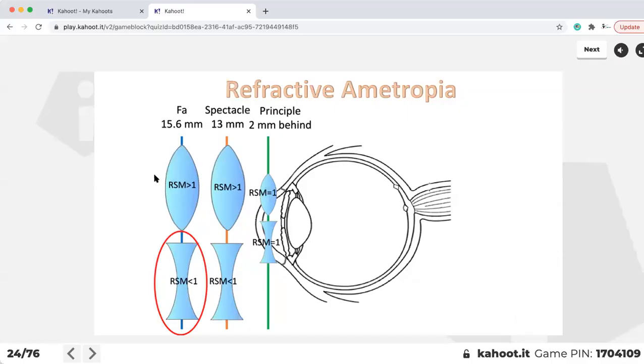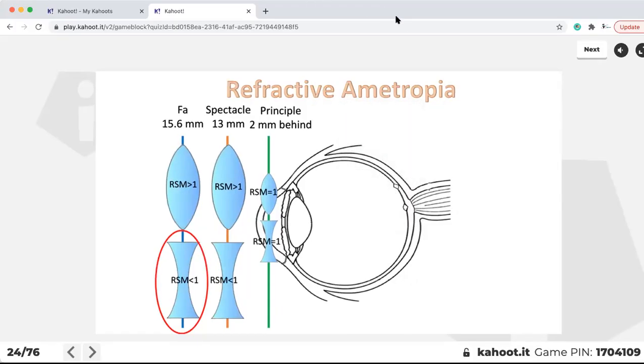If we are getting further away from the principal plane, with a plus lens for refractive hyperopia, and the correcting lens is at the spectacle plane, then the relative spectacle magnification will increase, it will be more than 1. And if we move further toward the anterior focal point, the relative spectacle magnification will further increase.